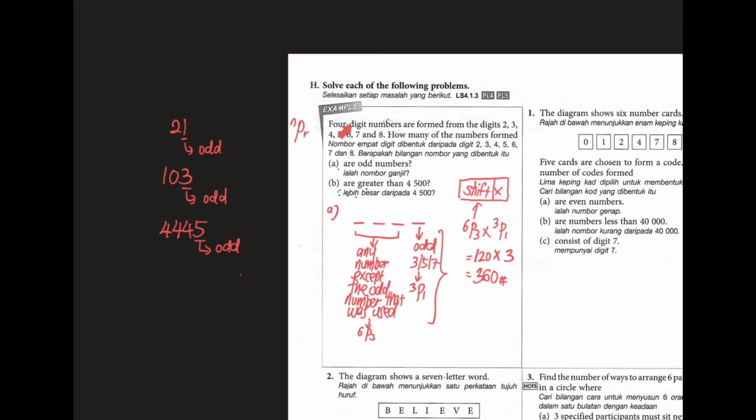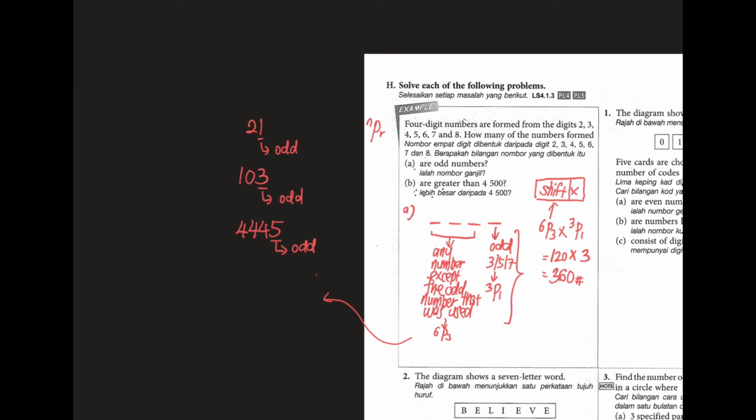Okay, now let's look at part B then. 4-digit numbers that are greater than 4500. Okay, I do it at the side here. Part B. In order to get a number greater than 4500, I'm going to consider it in this way.